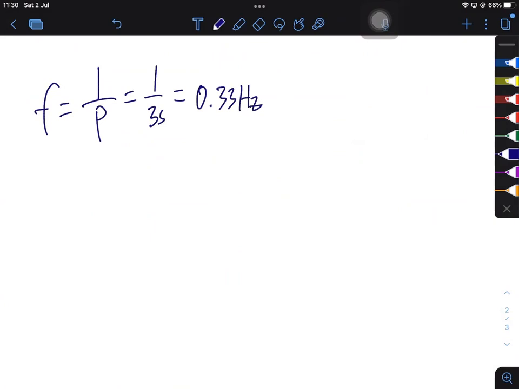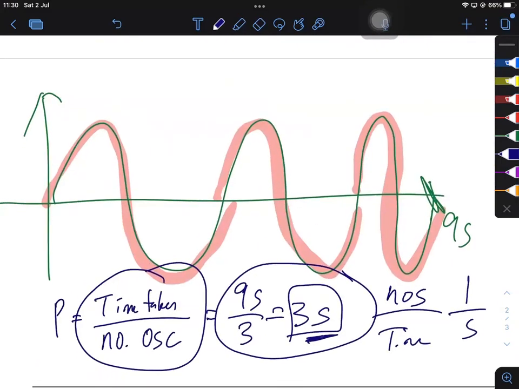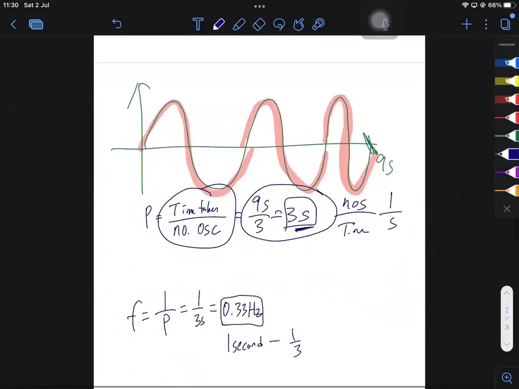You need to understand this. Frequency is basically telling you how many oscillations can be completed in 1 second. If I have 0.33 hertz as my frequency, it means every second that goes by, only 1/3 of the oscillation is complete, which makes sense because if you look back here, just now here was 9 seconds, here will be 6 seconds, and here will be 3 seconds.